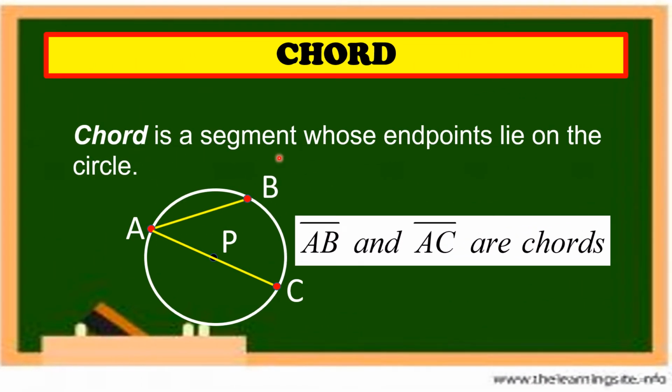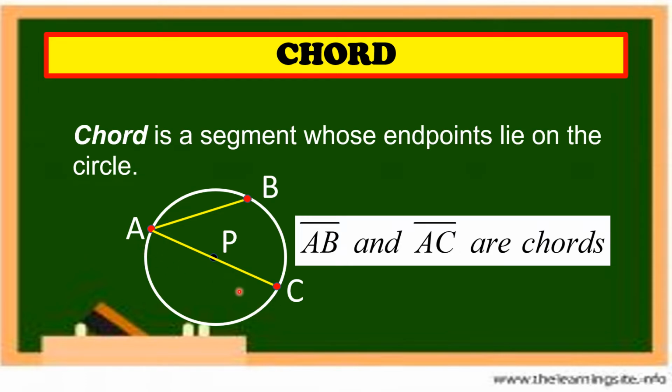A chord is a segment whose endpoints lie on the circle. We have segment AB. The endpoints of segment AB are point A and point B, and the 2 points A and B lie on the circle. We have segment AC.